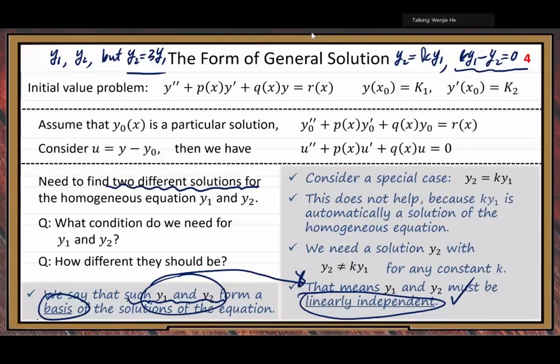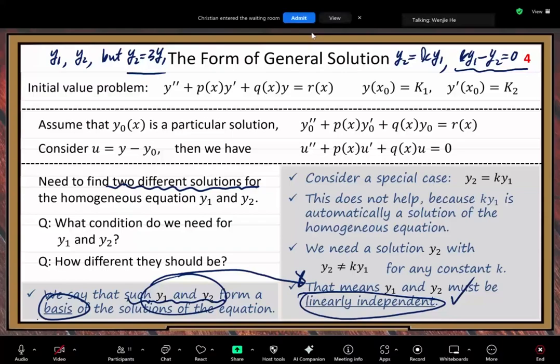The basis means any solution of the original homogeneous ODE can be represented as a linear combination of these two functions. That's how people use this basis concept. When these two functions form a basis, a linear combination can cover all the solutions we want to find.